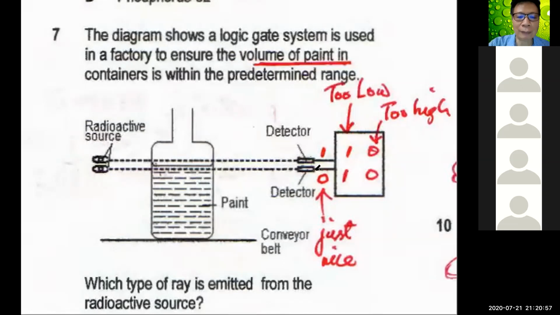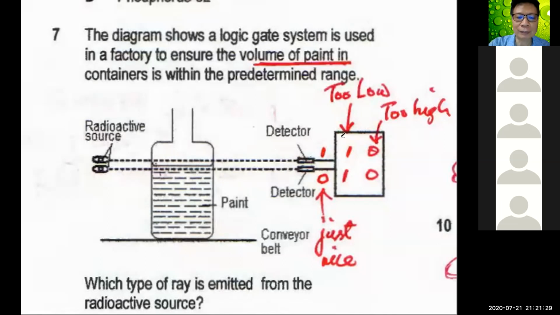So now you see, if on top here is 1 and this one is 0, it means the level is just nice. 1 here means no paint here, so it goes through straight, so high reading, so it's 1. This one has paint absorbing, so the radiation that reaches here is less, so 0. So when the reading is 1, 0, the level is just nice.